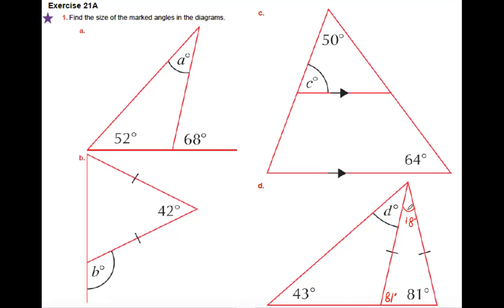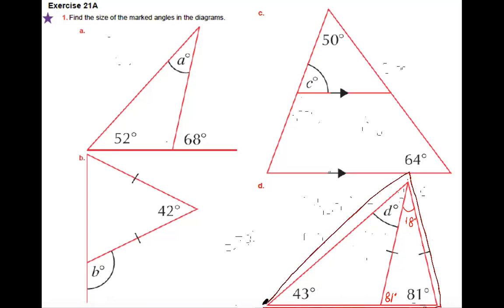And I'm missing D. So this is the bit where you're going to look outside the box and say, oh, I can see another triangle there. So with an angle of 43, an angle of 81, the missing angle is this big angle here.